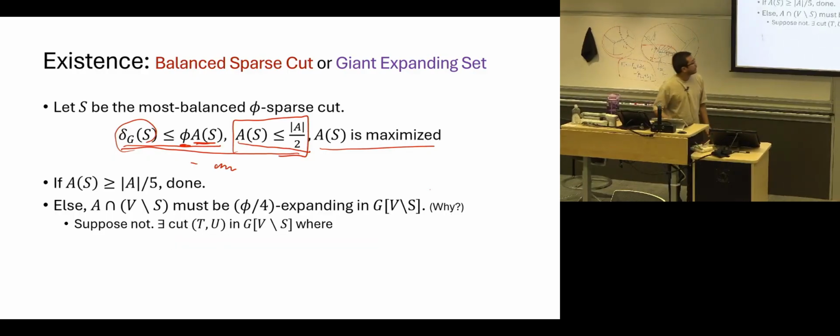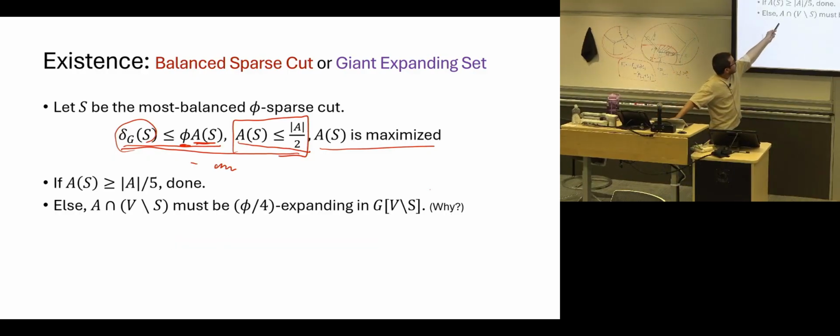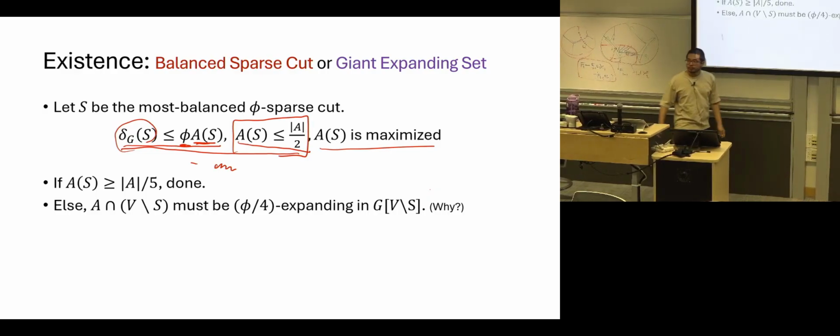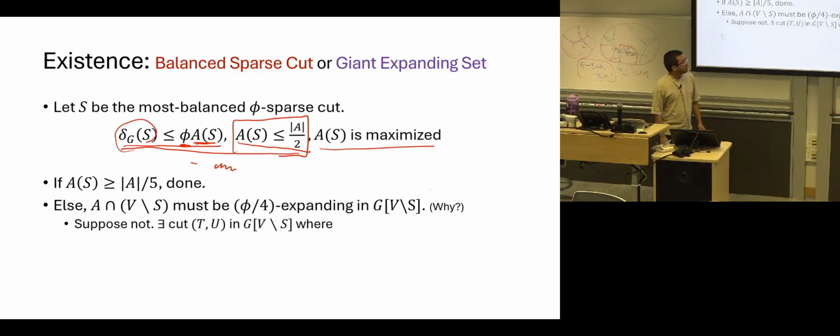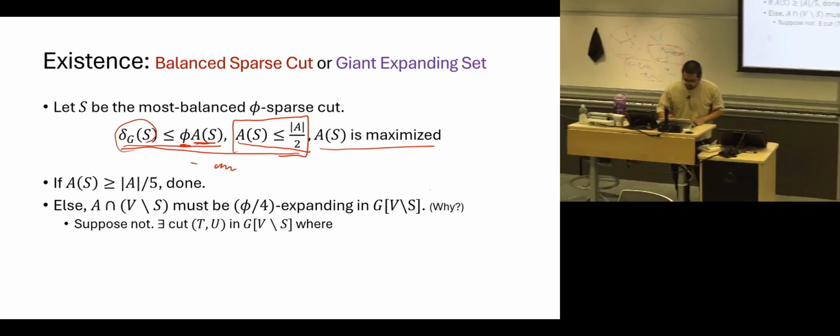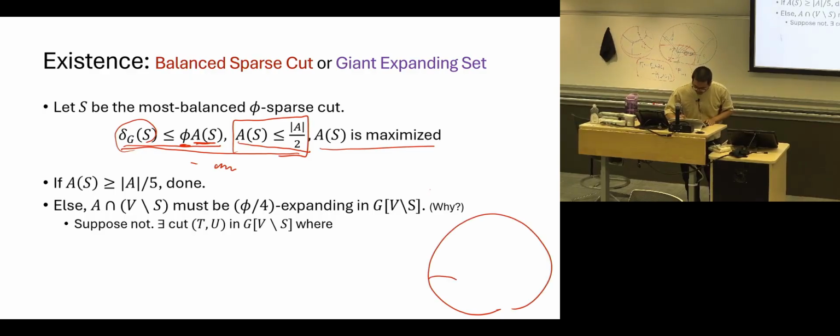Okay, so let's say that this is not true. Suppose for contradiction that it is not true. Then there must be a sparse cut in the complement. I have S, and let's say that this part is not an expander. The node weighting is not expanding in this graph.